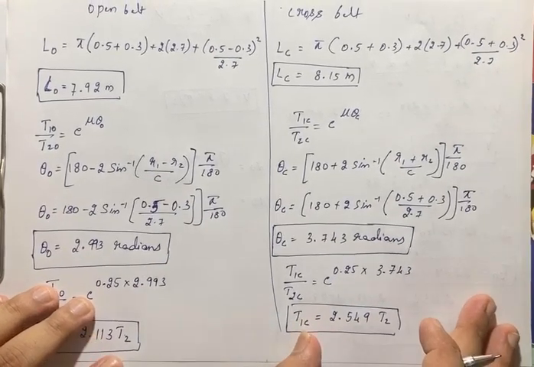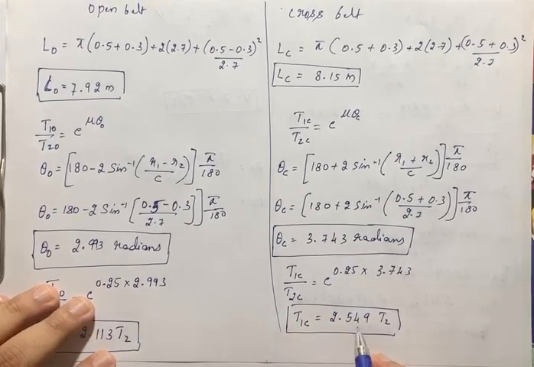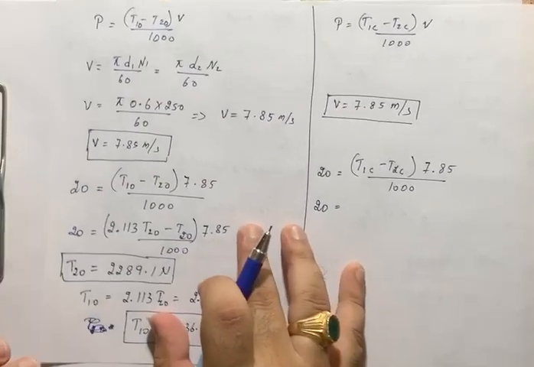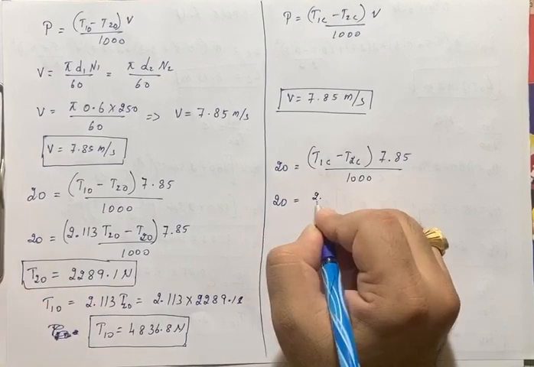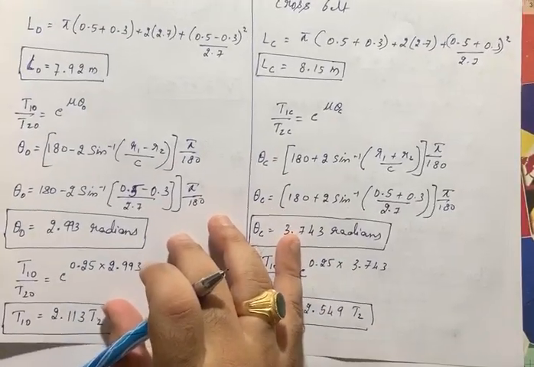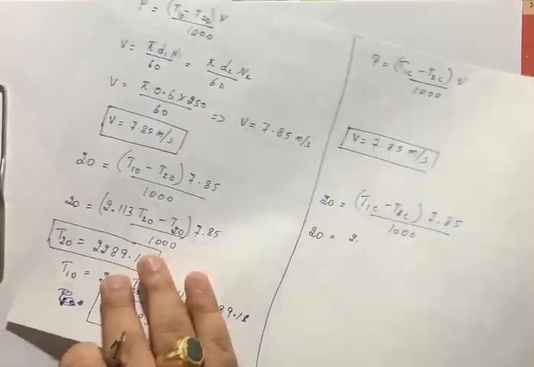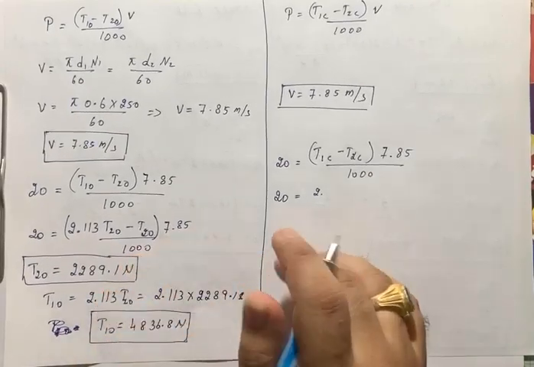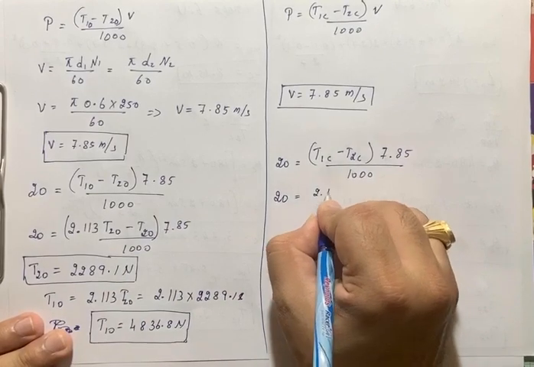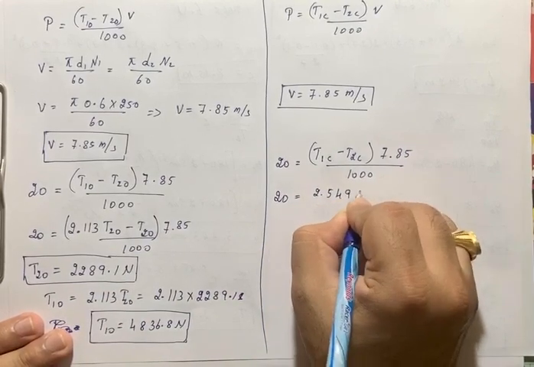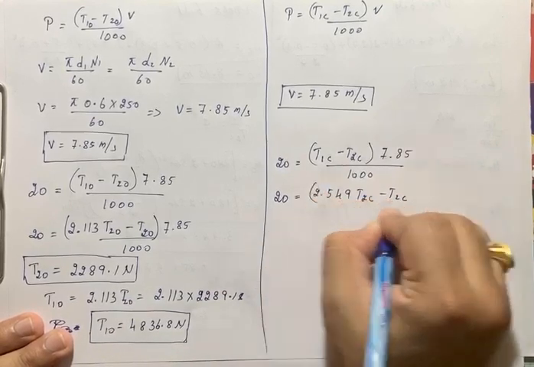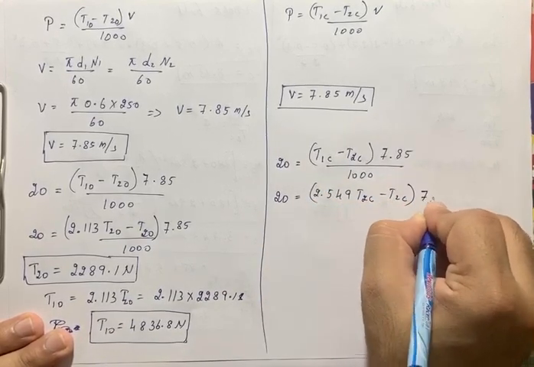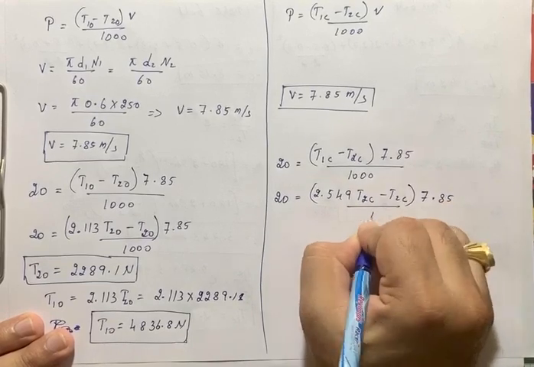So in place of T1C I can substitute 2.549 T2 here. So we have 20 is equal to (2.549 T2C minus T2C) into 7.85 divided by 1000.